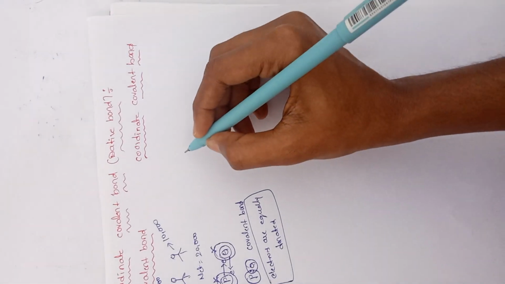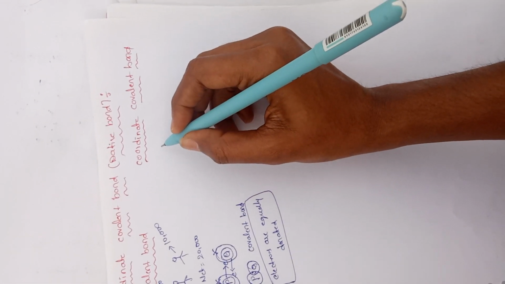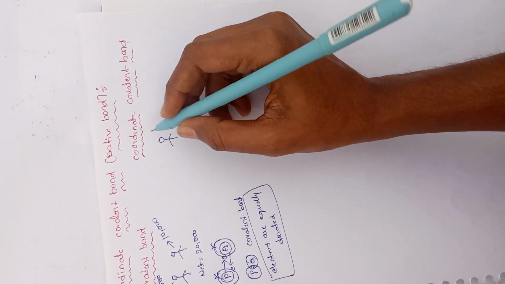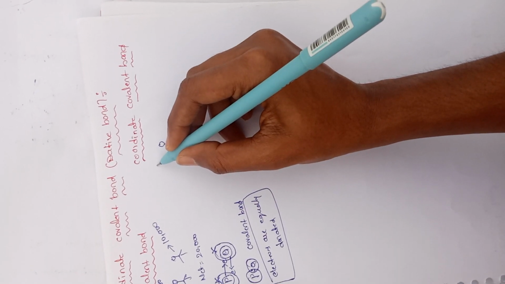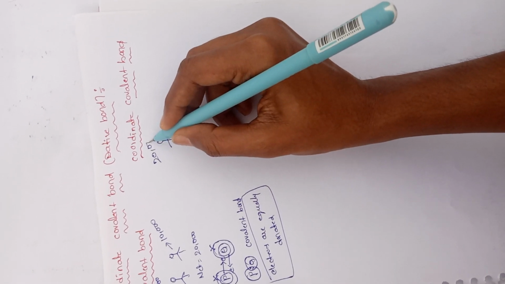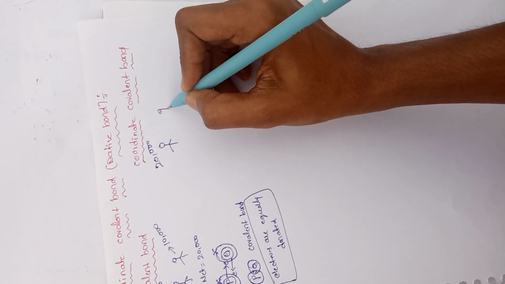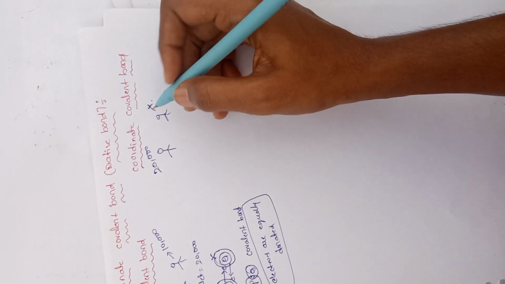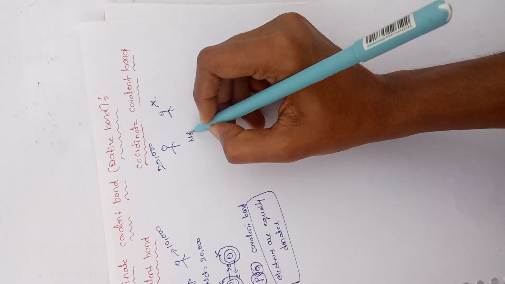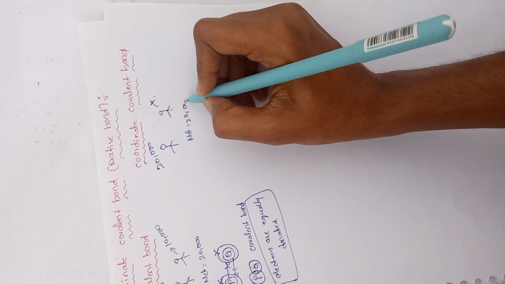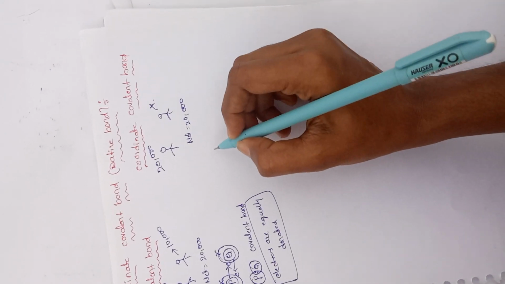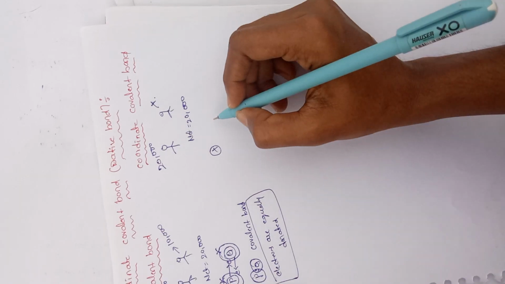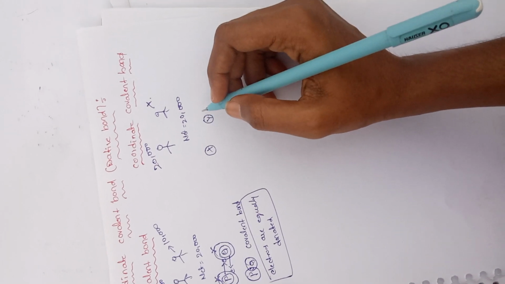Now for the coordinate covalent bond, take another family. The husband gets a monthly salary of 20,000 and the wife does not get even a single rupee. That means the net salary is 20,000. Now take an X atom and a Y atom.